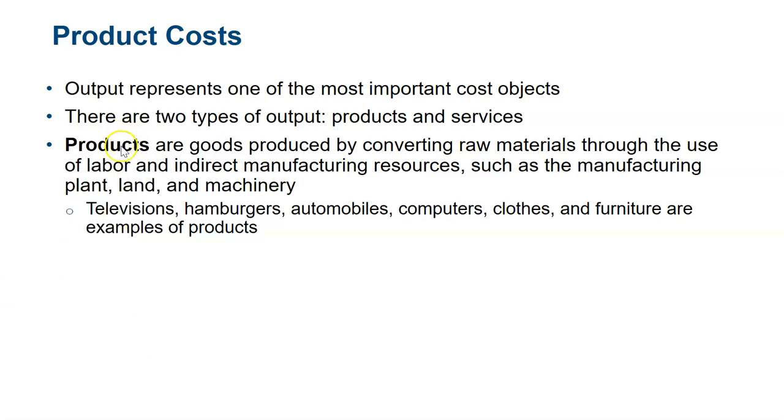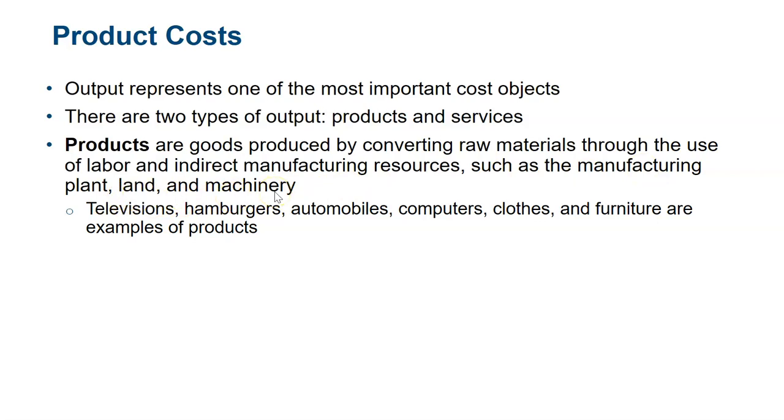So it says here, products are goods produced by converting raw materials through the use of labor and indirect, in other words, difficult to trace, manufacturing resources such as the manufacturing plant, land, and machinery.